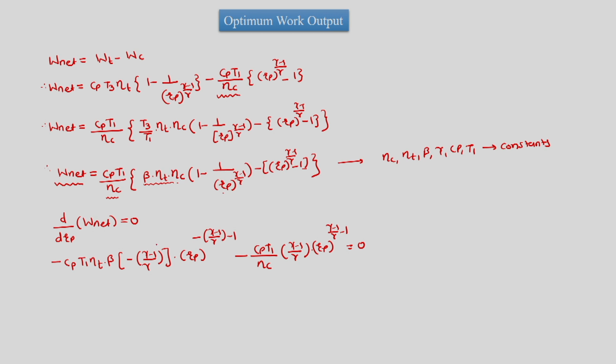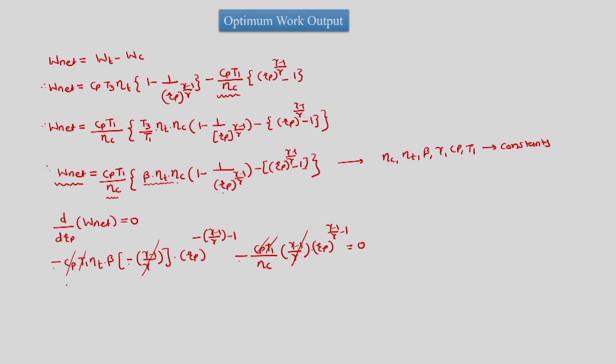Here we can see that gamma minus 1 upon gamma will vanish, Cp T1 will also vanish, and then this minus will become plus, and this will go on that side.